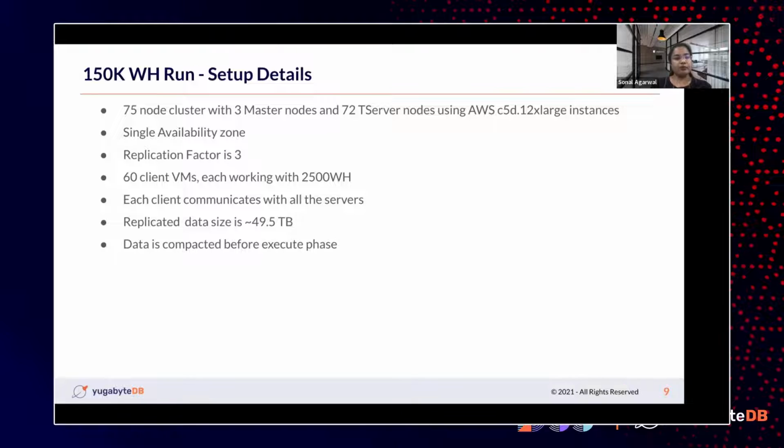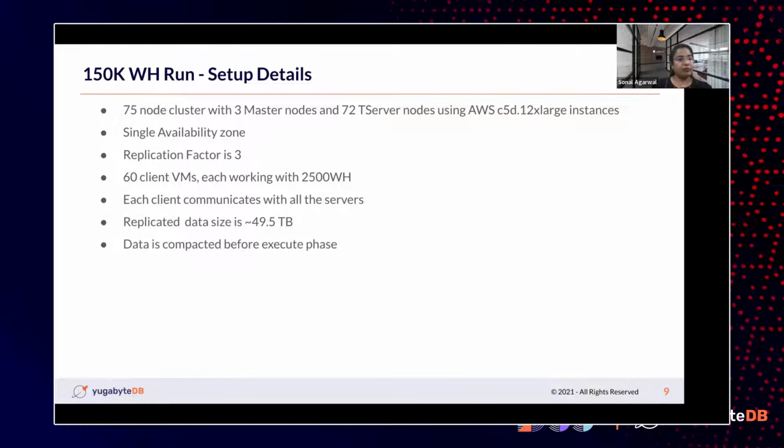In both runs, we got similar efficiency. Talking about the number of clients here, we had 60 individual client nodes, and each of these clients was connected to all the T-servers in the universe.